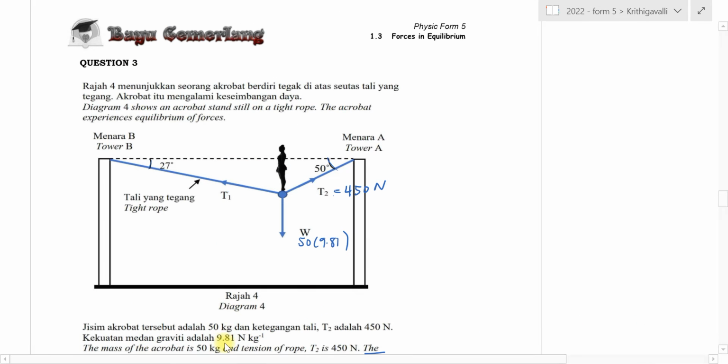I draw here, easier for me to see. We have T1 like this, T2 this way. I draw T2 first, then T1 going up, and then we have W.